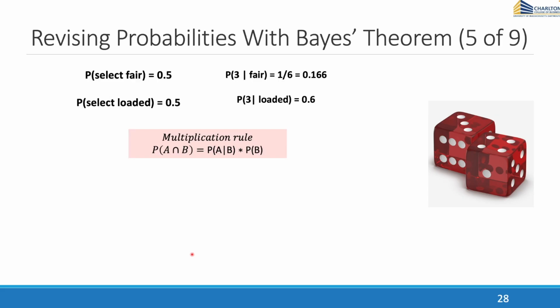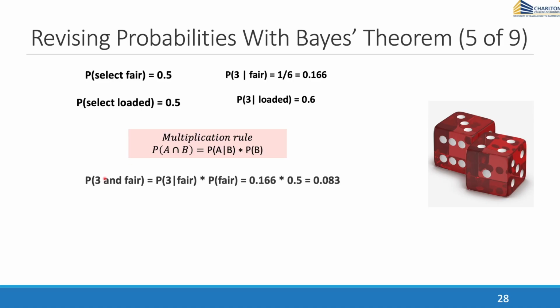First step is summarizing the data that we have. There is a 50% chance that we select the fair die and a 50% chance that we select the loaded die. The probability of getting 3 on the fair die is 1 over 6, and the probability of getting 3 on the loaded die is 60%. We can use the multiplication rule to calculate the joint probability.